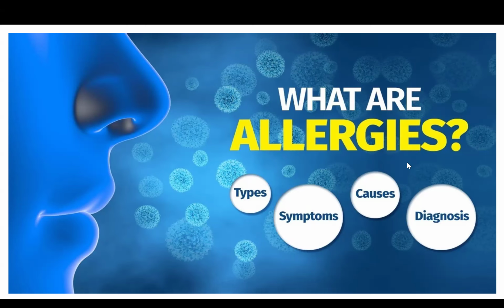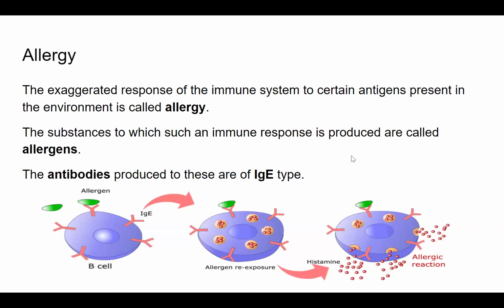Okay, so now if we look here, we will see what allergy means. It is an exaggerated response of the immune system to certain antigens present in the environment. So when you have an extensive response to any kind of particles or antigens which are attacking you, we say it is allergy.